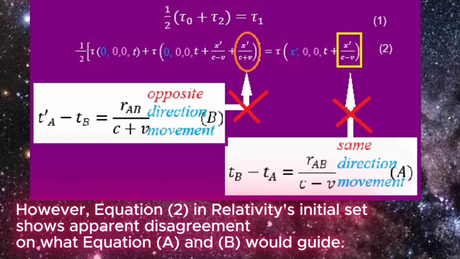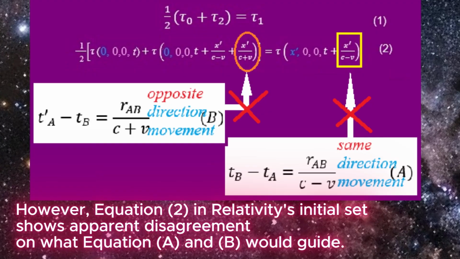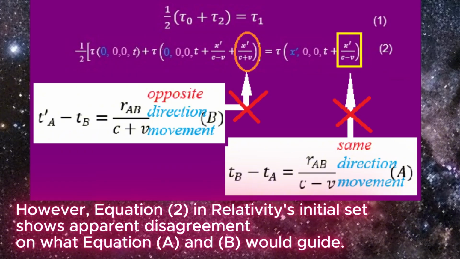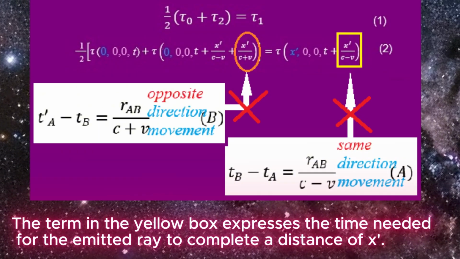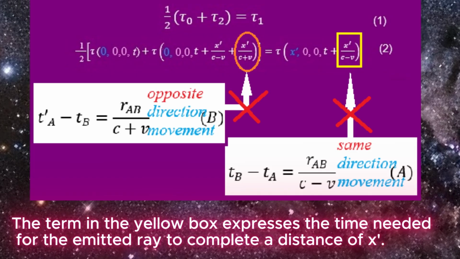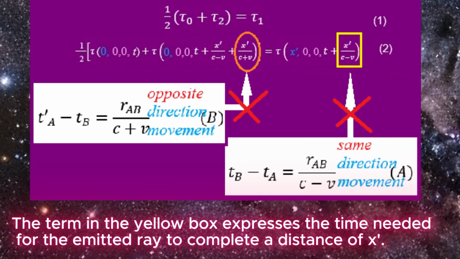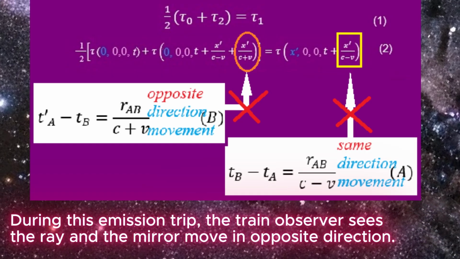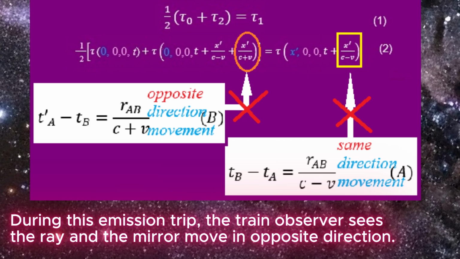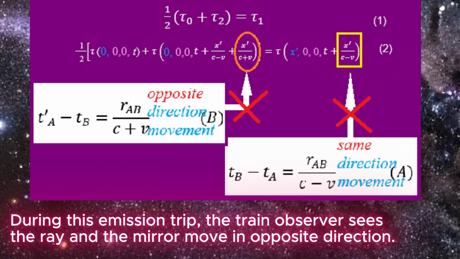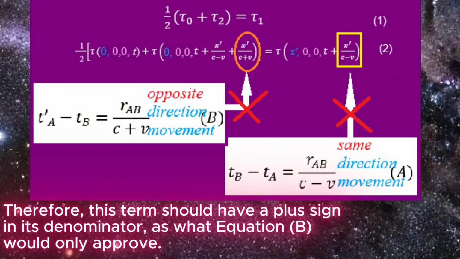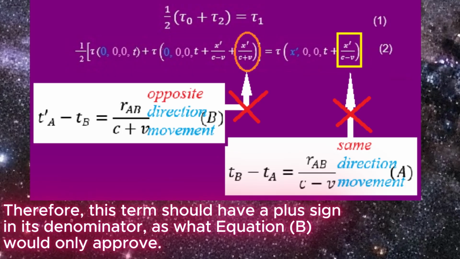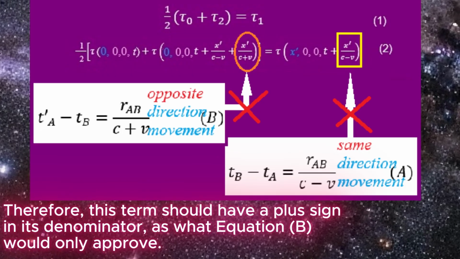However, equation 2 in relativity's initial set shows apparent disagreement on what equations A and B would guide. The term in the yellow box expresses the time needed for the emitted ray to complete a distance of x prime. During this emission trip, the train observer sees the ray and the mirror move in opposite directions. Therefore, this term should have a plus sign in its denominator, as what equation B would only approve.